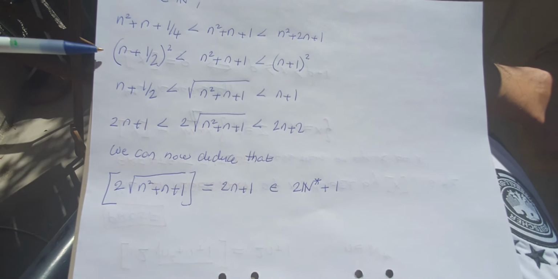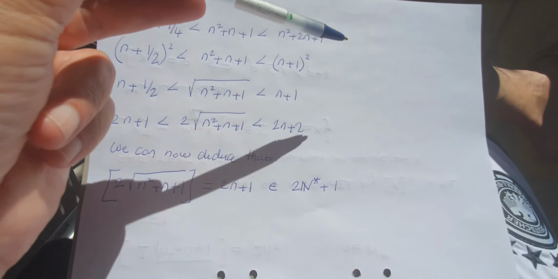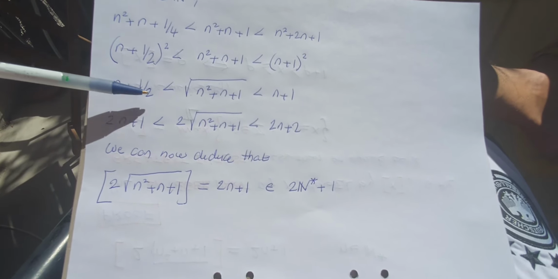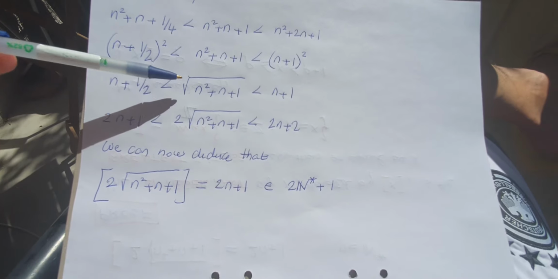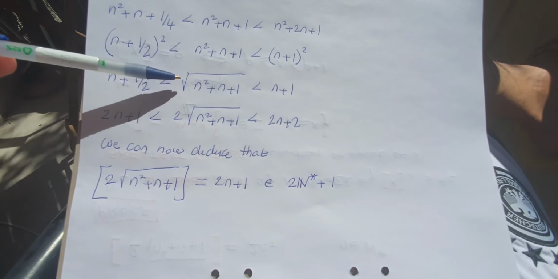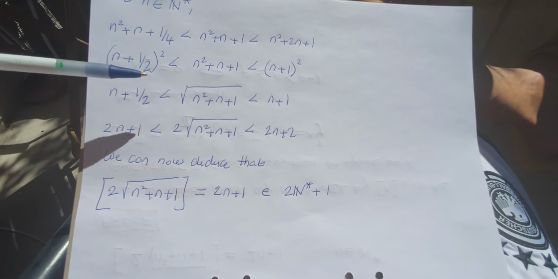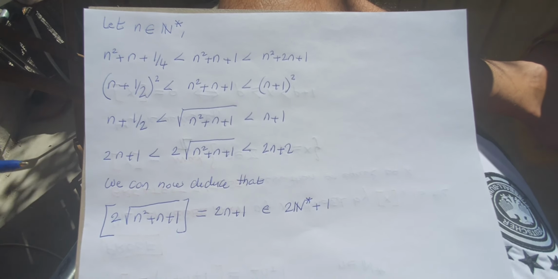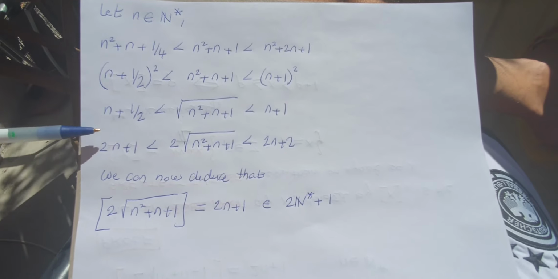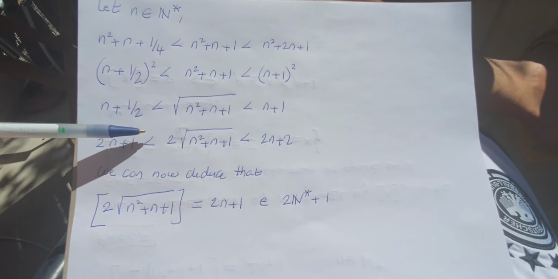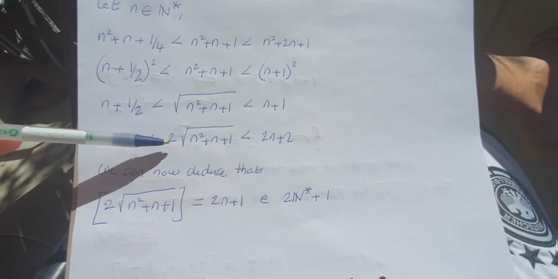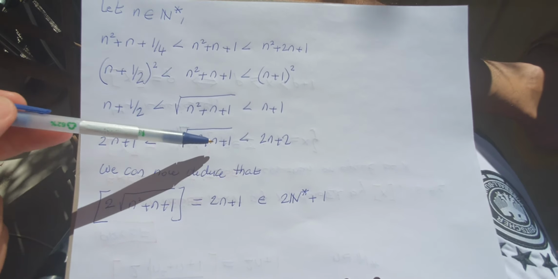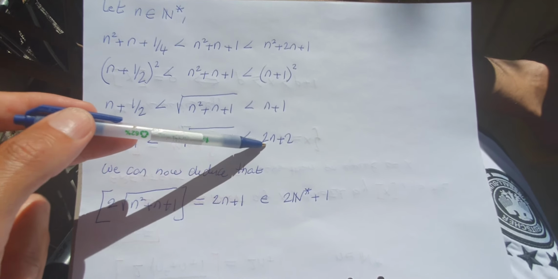And taking the square roots of the whole inequality, we get n plus half strictly less than the square root of n squared plus n plus 1 strictly less than n plus 1. And now multiplying by 2, we get 2n plus 1 strictly less than 2 times the square root of n squared plus n plus 1 strictly less than 2n plus 2.